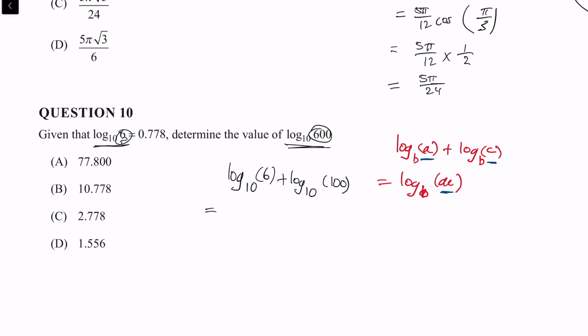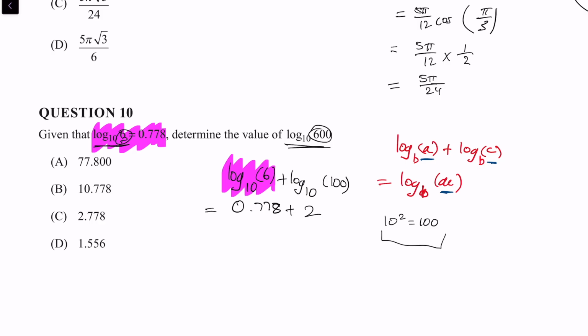So I know that this value here, which I've highlighted in purple, is what is given in the question. So I have to write that down. And then I know that log base 10 of 100 is just 2, because 10 squared equals 100. That's the index notation for this log, essentially, and we're just trying to find that power value, which is 2. And we just add that together quite simply, and that gives us an easy answer of C.